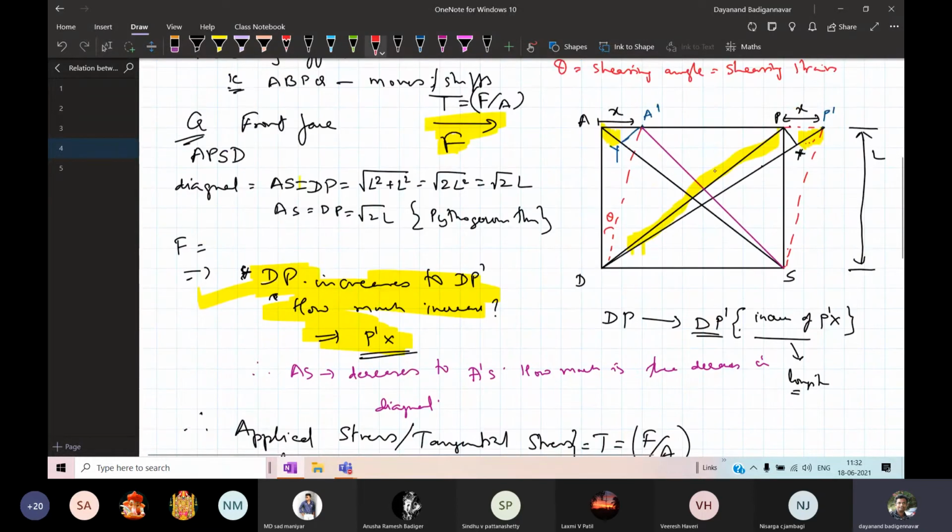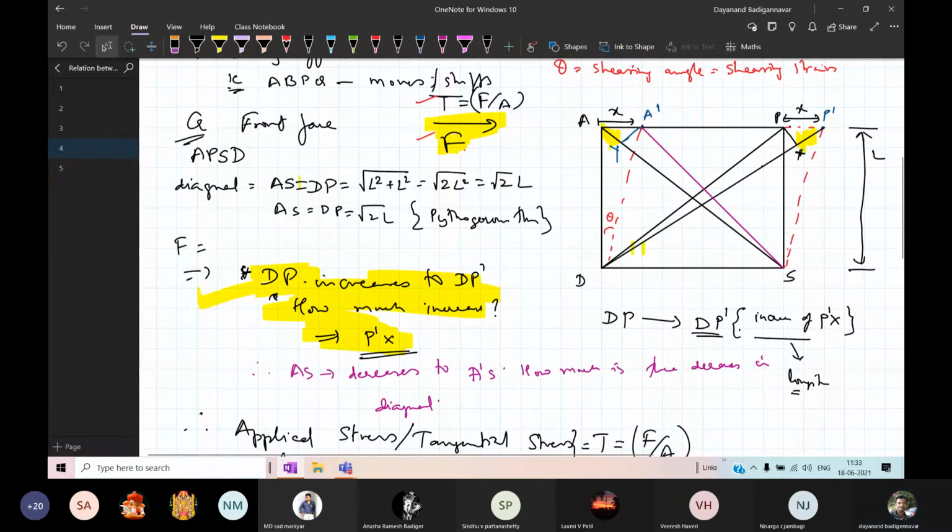Now I have the extension P dash X by applying a force or a stress. This is the length that I have. By applying a force or stress, there is an increase. This much is the increase. This increase P dash X is due to two reasons.